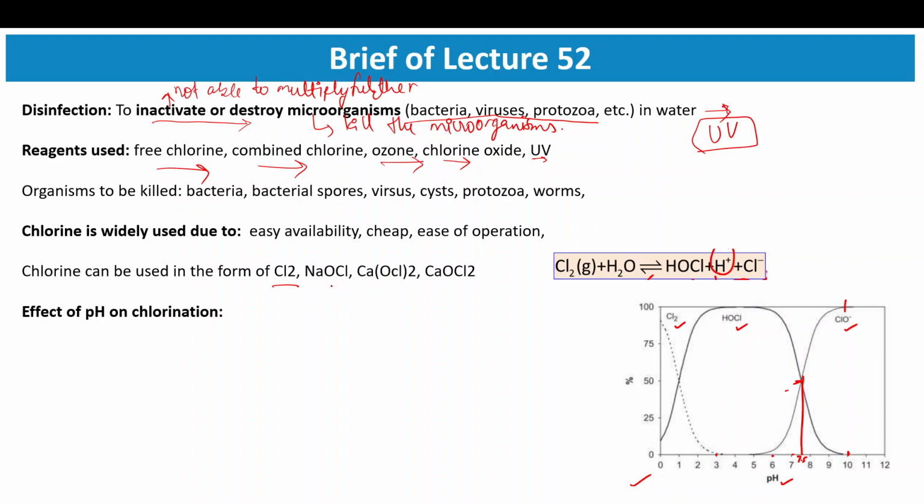Then hypochlorite, which is nothing but bleach, right? Then you can have CaOCl2. These have different valencies.